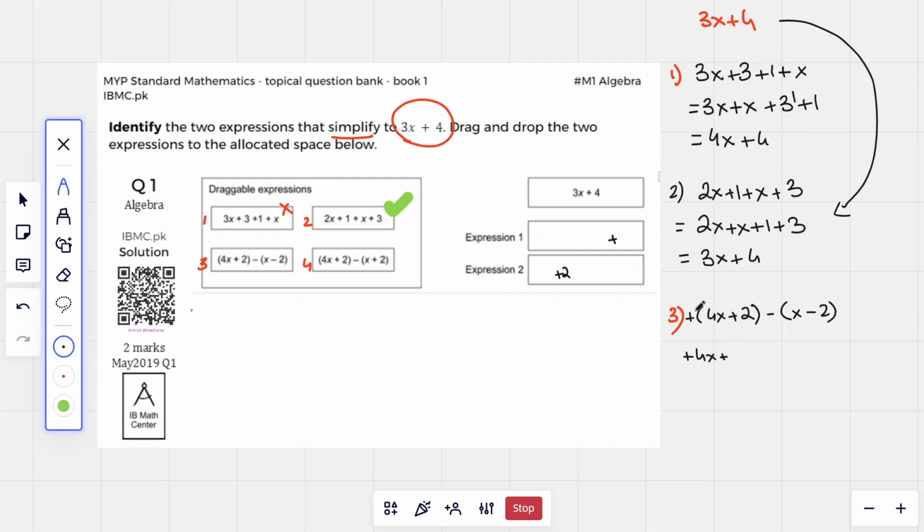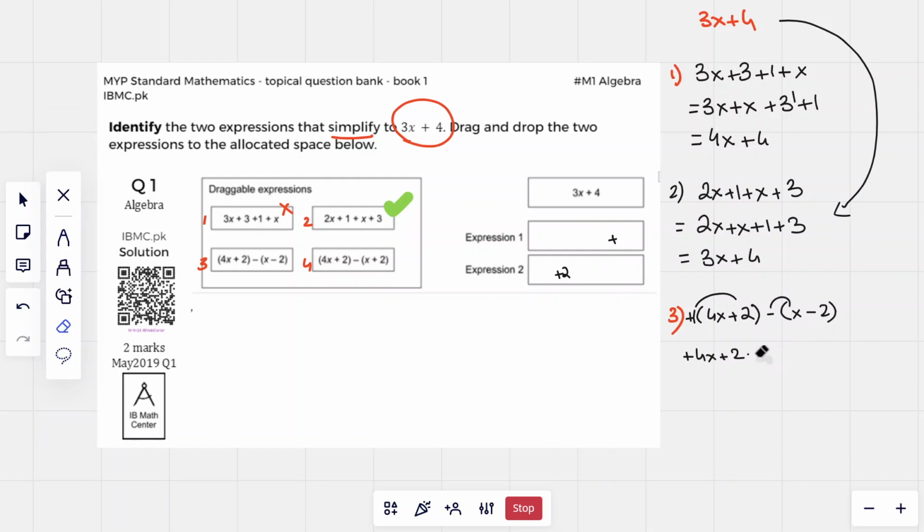The number here is 1. 1 into plus 2 is plus 2. And then we've got minus, the sign here is plus. When there's no sign, it is implied that the sign is plus and the coefficient is 1. We can ignore these for now. So minus into plus would be minus 1x, and then minus into minus will be plus 2.